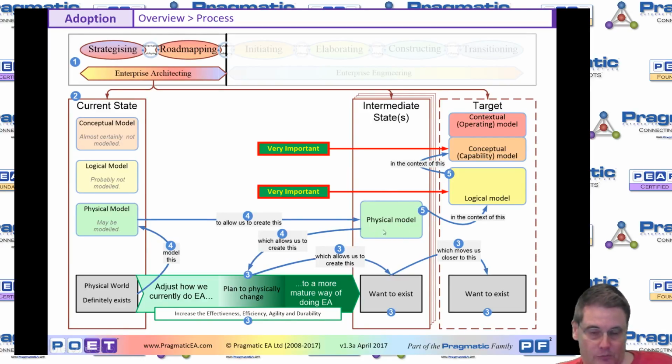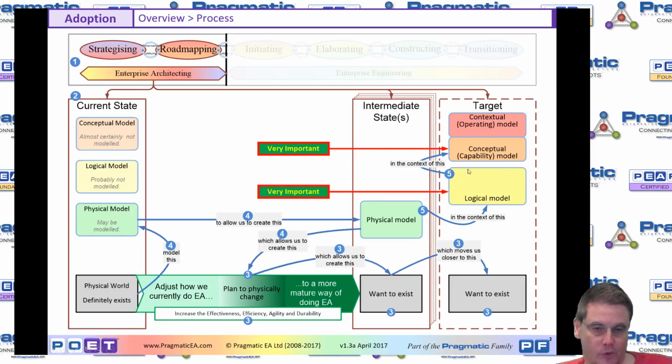Now, this physical model is not going to be created, or shouldn't be created, in a vacuum. When we think of physical models of how to do some part of the operations part of the organization, we don't do that in isolation. We tend to base that physical model on a higher level logical model of the domain that we're looking at.